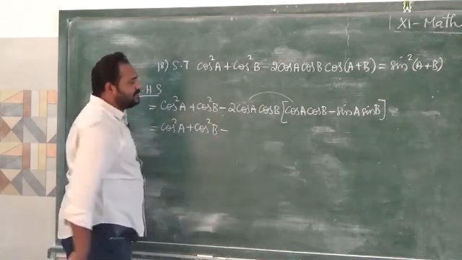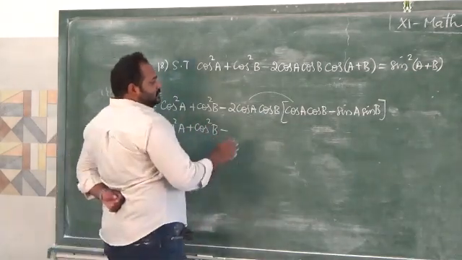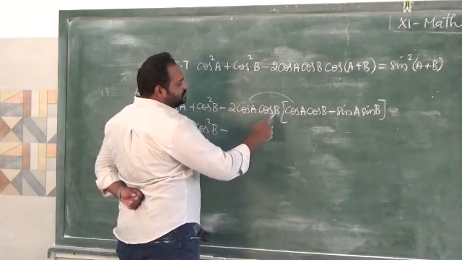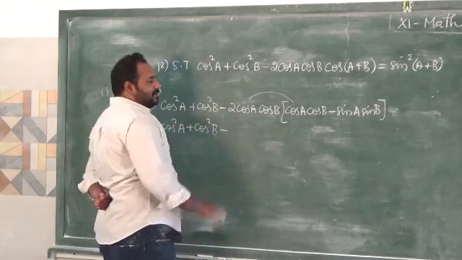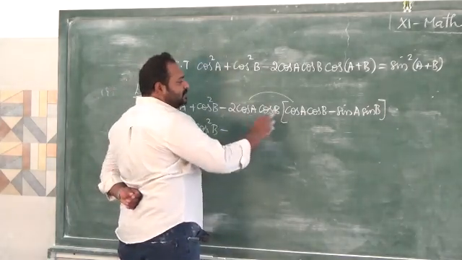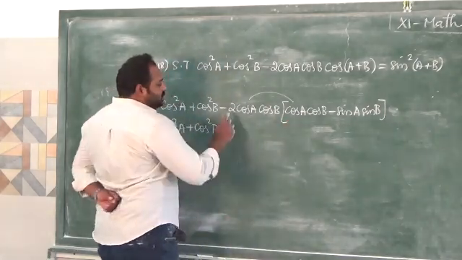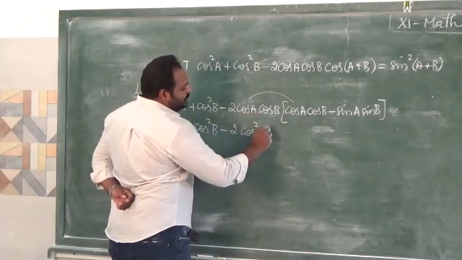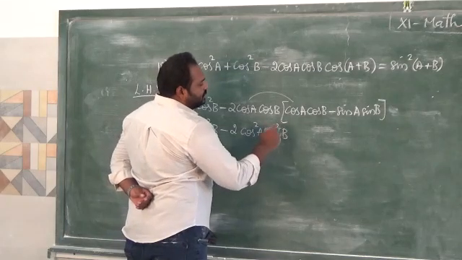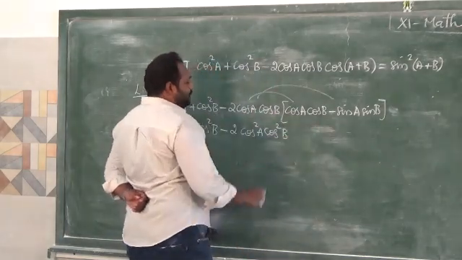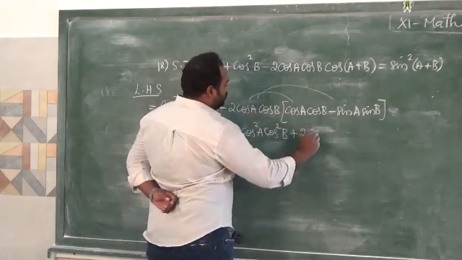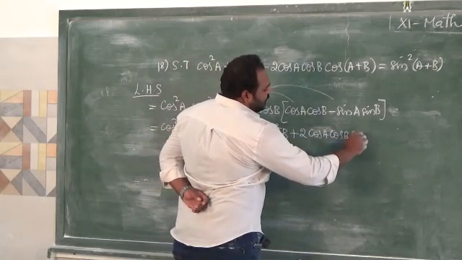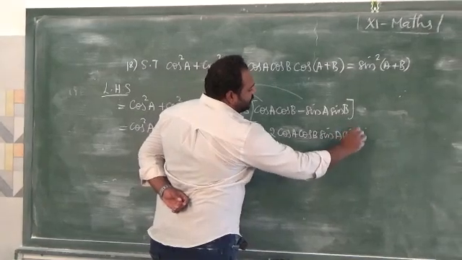Cos A into cos A is cos²A, cos B into cos B is cos²B, and 2 into cos A cos B into cos A cos B gives 2 cos²A cos²B. Next, multiplying with the other term, minus into minus gives plus 2 cos A cos B sin A sin B.